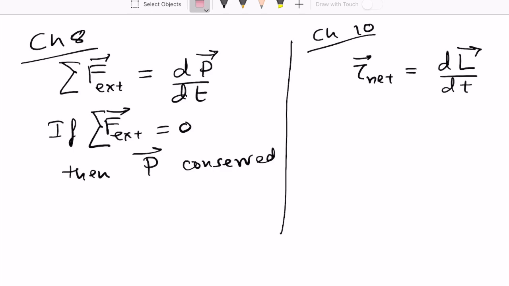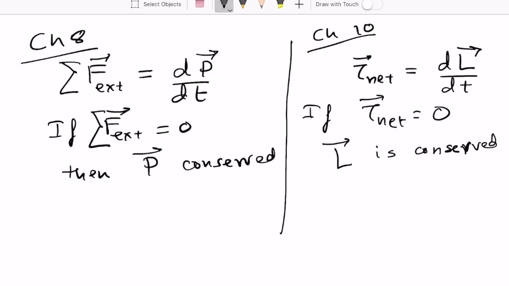And it immediately has this corollary that if, just like the left side, the net external torque is zero, then dL/dt is equal to zero, and so L will be conserved.